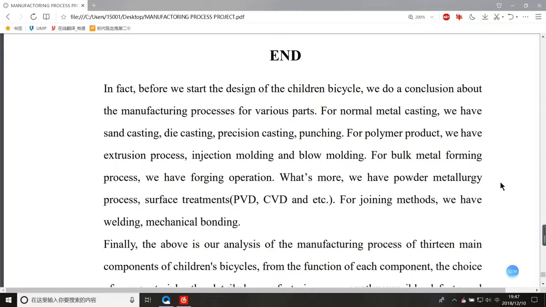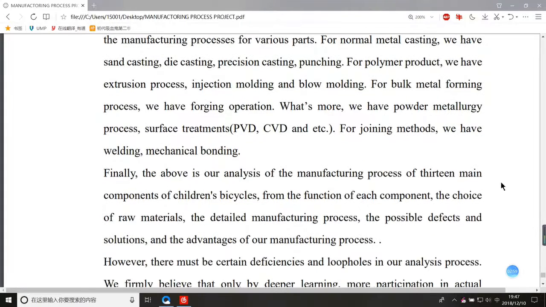For polymer products, we have extrusion process, injection molding, and blow molding. For bulk metal forming process, we have forging operation. What's more, we have powder metalwork process, surface treatments such as PVD, CVD, and others. And for joining methods, we have welding, mechanical bonding, and others.